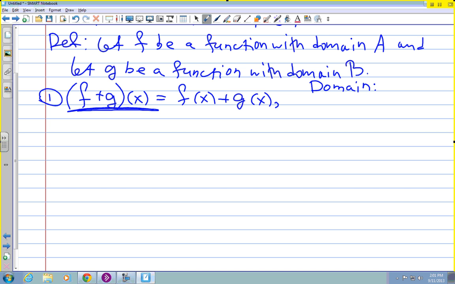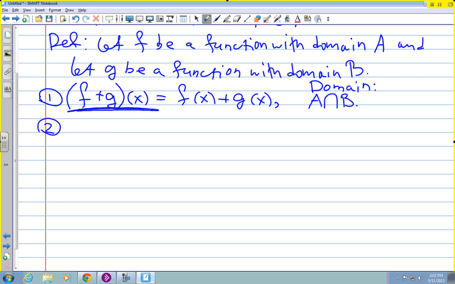So I need everything that makes f work and, at the same time, everything that makes g work. So I have two sets. I need to find everything that's in set A and in set B. An intersection, very good. So I need to intersect the two sets. So the domain is A intersect B, everything that they both share, so both functions work at the same time. Very good. Right away you think intersection. I like that you remember.